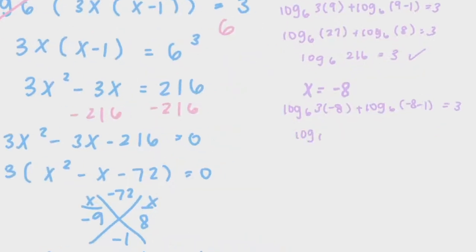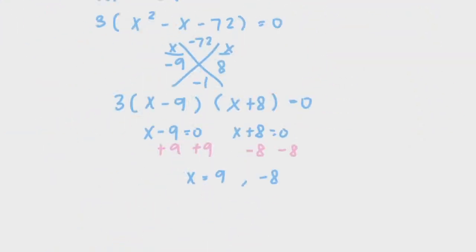So we get log base 6 of negative 24 plus log base 6 of negative 9 equals 3. And the numbers would be out of the domain because 6 to no power would equal negative 24. So this one doesn't work. So that means 9 is our only answer.